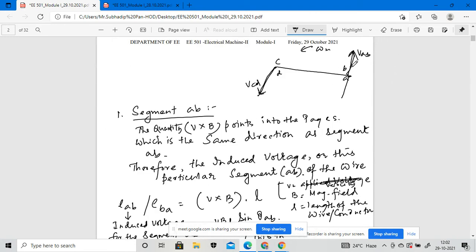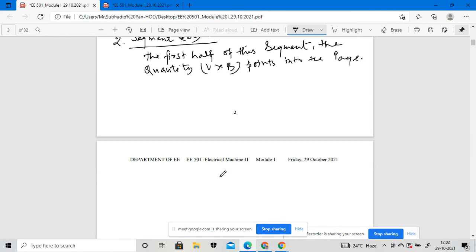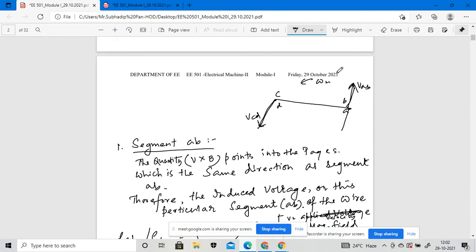Okay, so in this half we will say that the quantity v into B will be pointing into the pages, if it is considered as a three-dimensional figure.